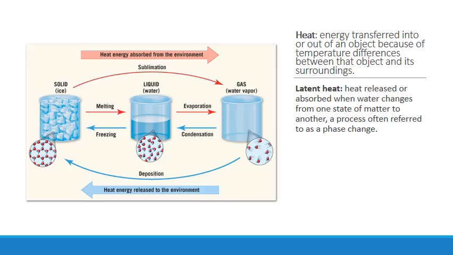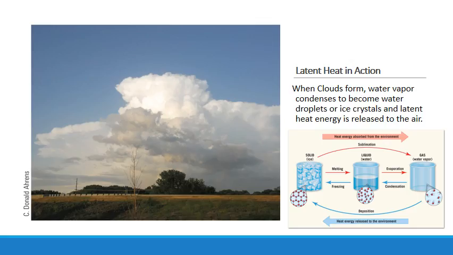Some of those phase changes involve absorption and storage of latent heat, while the opposite processes release latent heat back to the environment. When water vapor condenses and releases heat to the atmosphere, that's referred to as latent heat of condensation. Figure 2.4 in your textbook shows a developing cloud. And every time a cloud forms, the atmosphere gets warmed.